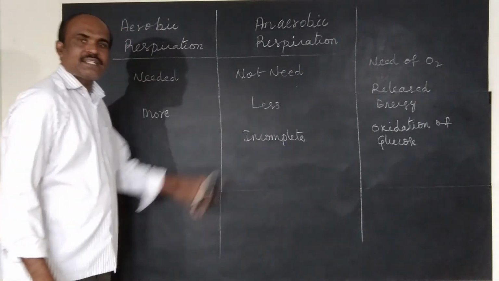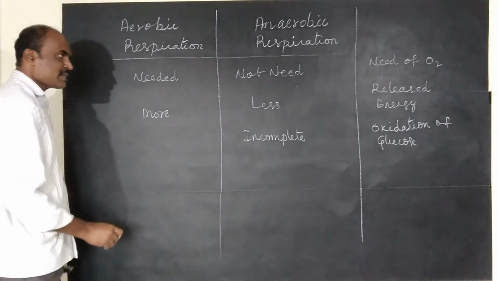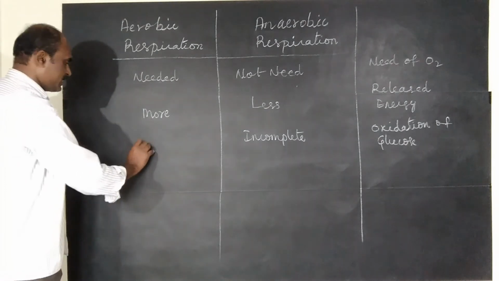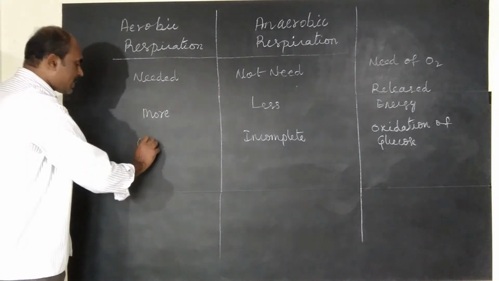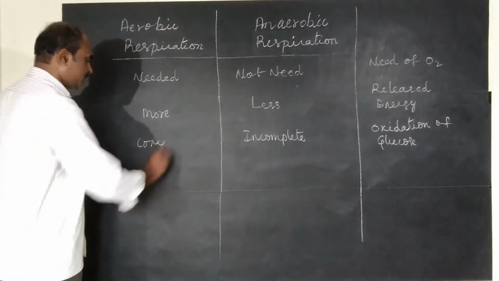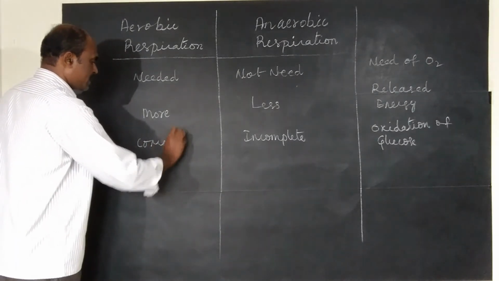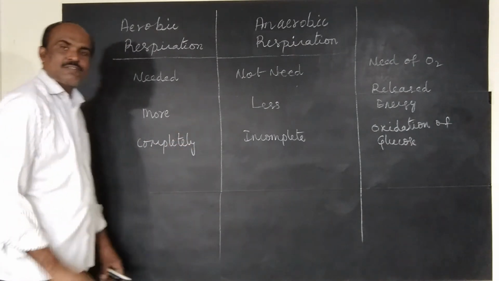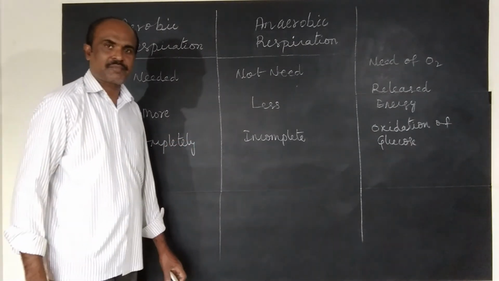That is why less energy is released. And oxidation of glucose in case of aerobic respiration is complete. It means glucose completely undergoes oxidation.